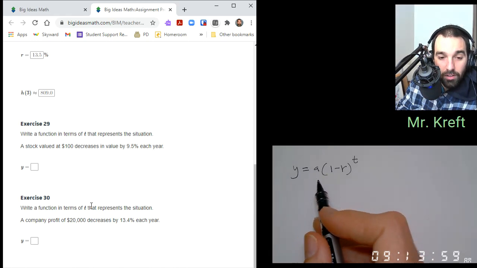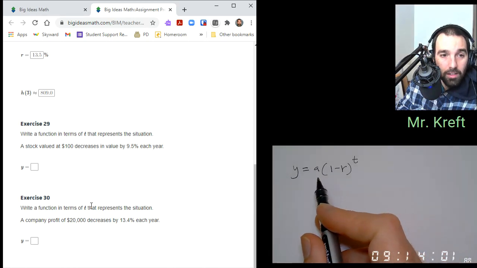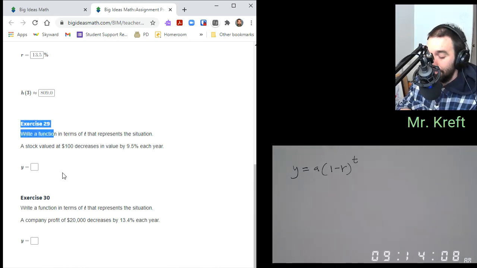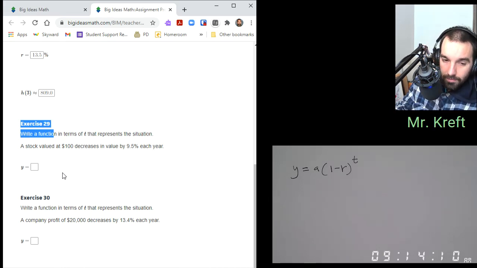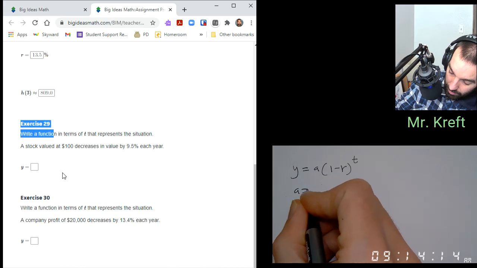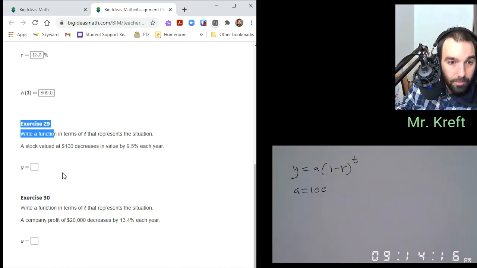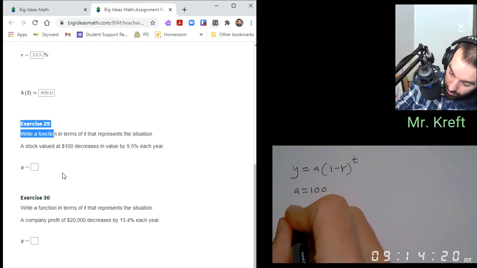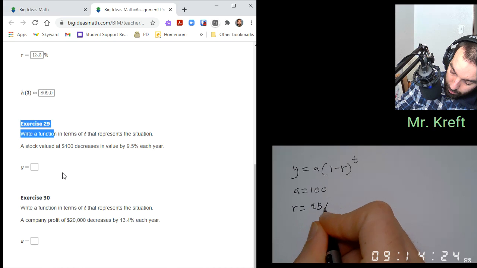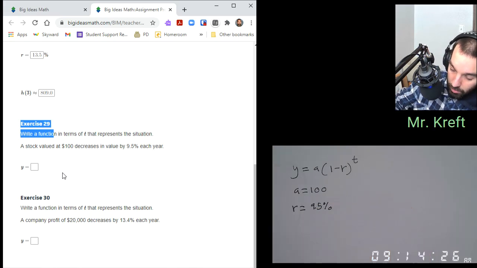So a is my initial amount. In chat, can you guys type, what's my initial amount on this exercise 29? Yeah, it's $100, right? So my a is going to be $100. And then my r is 9.5%, but we want to get this to a decimal.